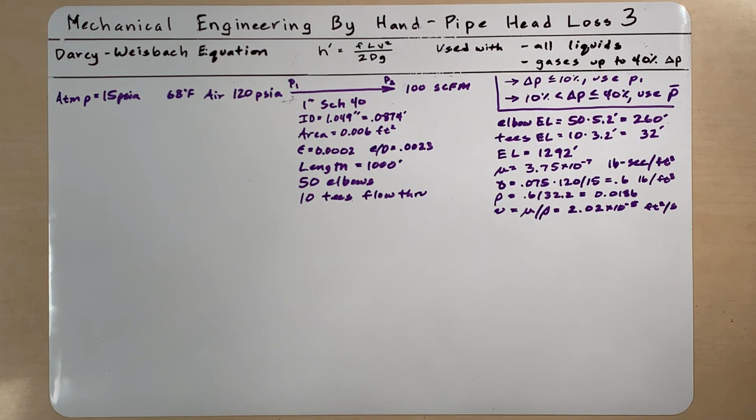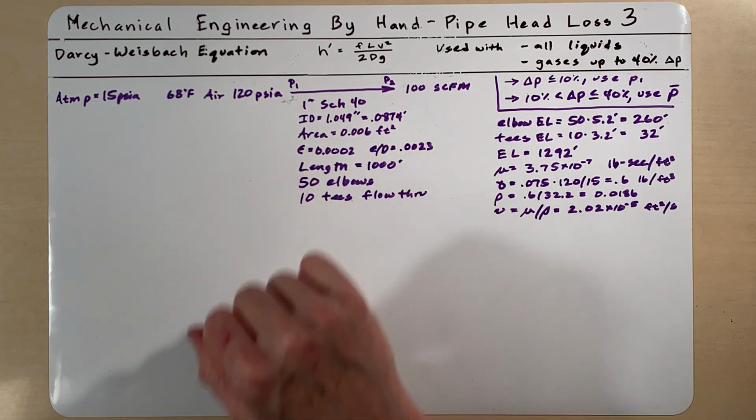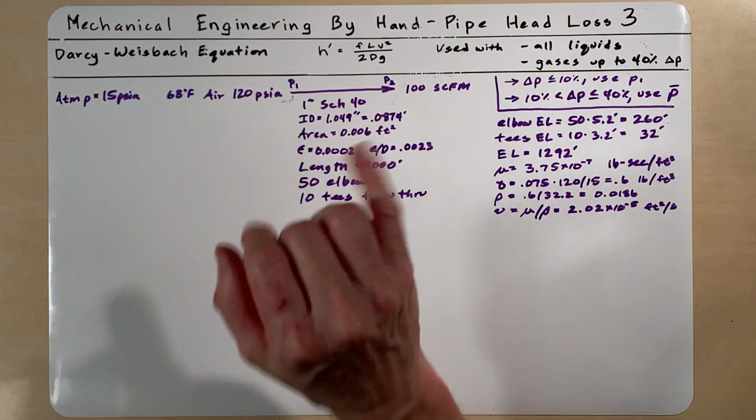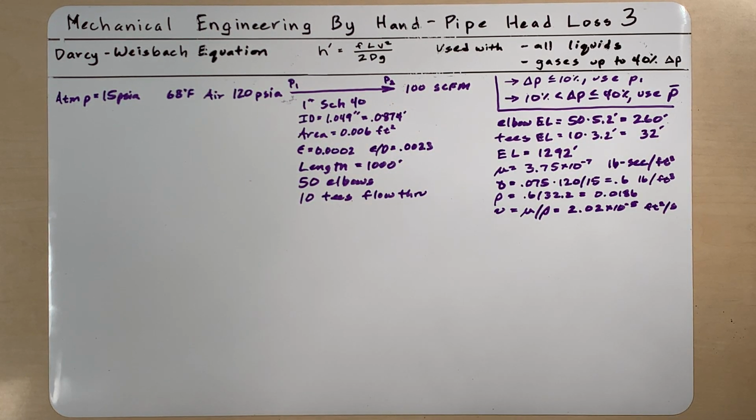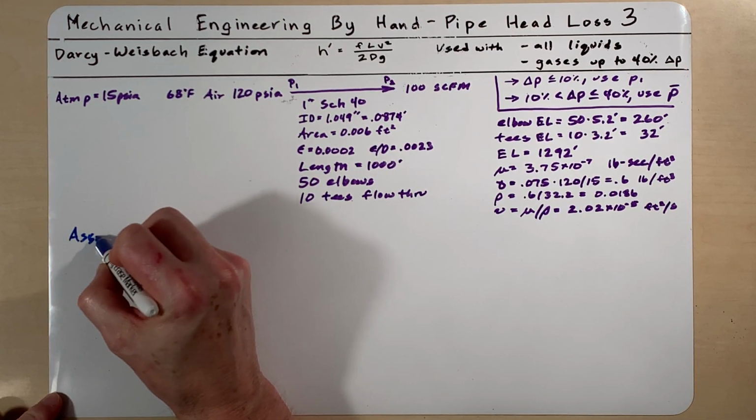Okay, so I did that to kind of speed things up, but let's start with the first guess. And what I'm going to assume is that there is no pressure loss, and so our pressure through the whole pipe is 120 psi. So let's start with that.